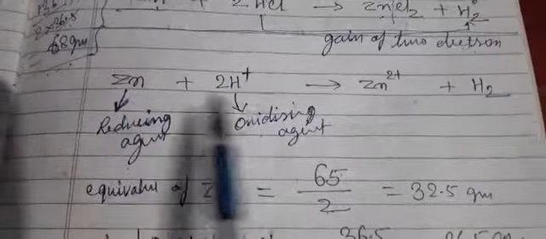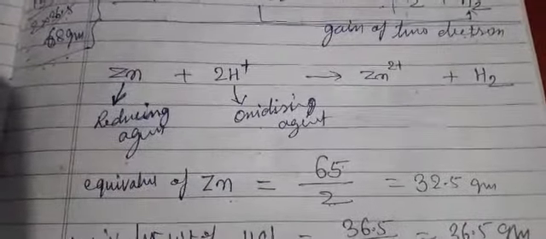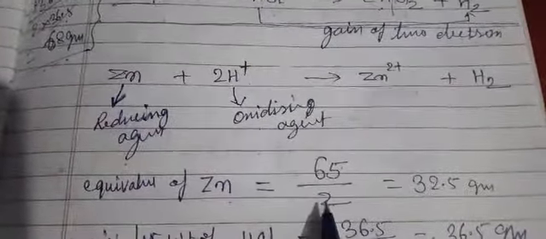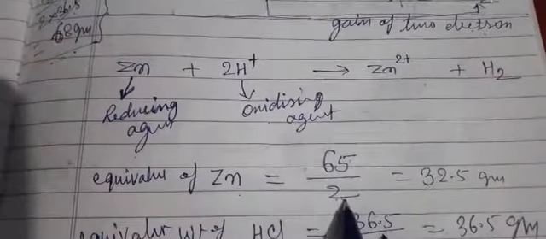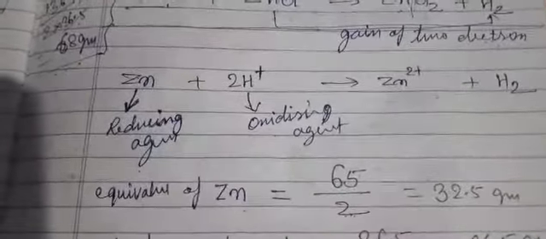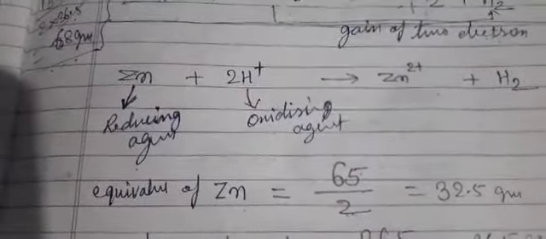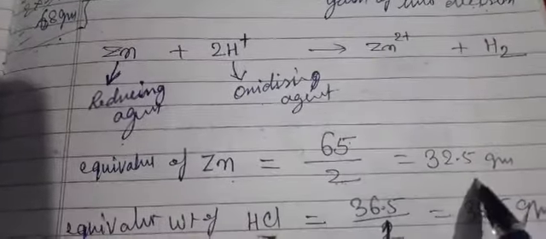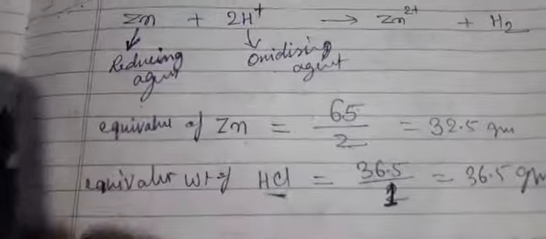So 2 electrons got transferred from zinc to this hydrogen. That is why 2 is written here, and the equivalent weight we are getting is 32.5 gram.